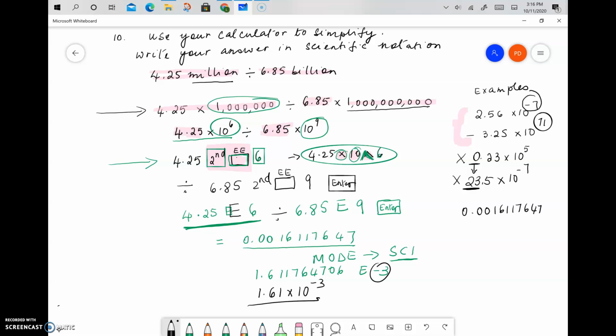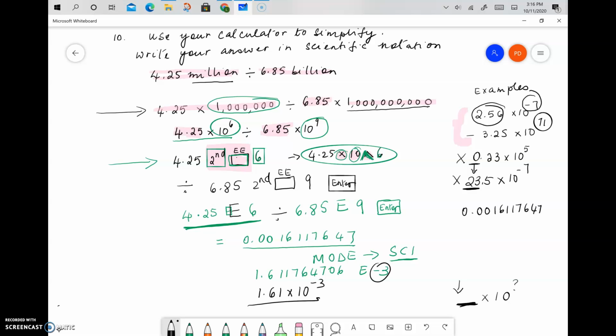0.016117647. If you had to change this to scientific notation, you know that in the scientific notation, there is a number times 10 to the some exponent. So it has to look like this, a number times 10 to the something. Now, there are some specifications regarding this number.